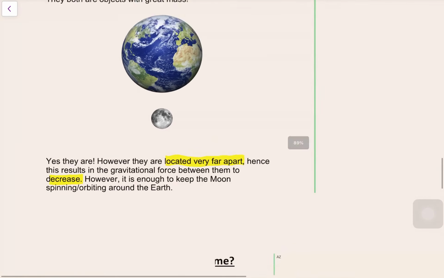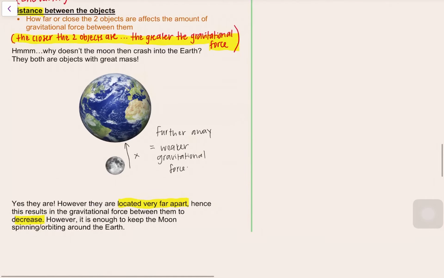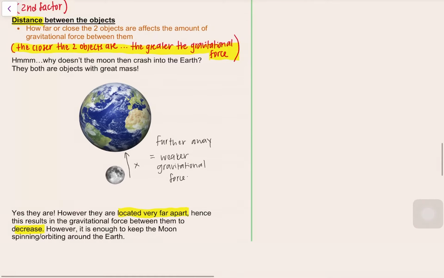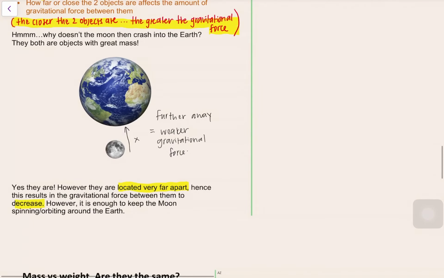However, I must note to you that at this level, the explanation that you're required to remember would be this explanation here. However, as you go further in your science journey, you will learn about this thing called velocity. So that is also another factor which explains why the moon does not crash to the earth. However, it is enough for you to know this because this is what is required of you at this level of science. All right?